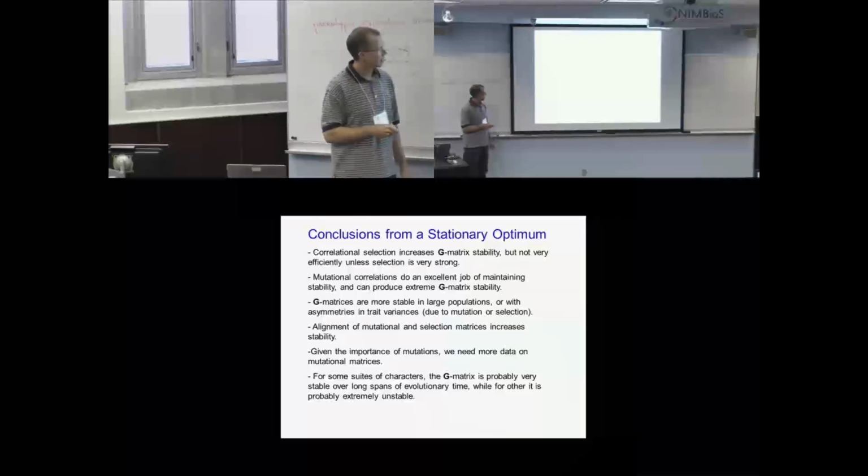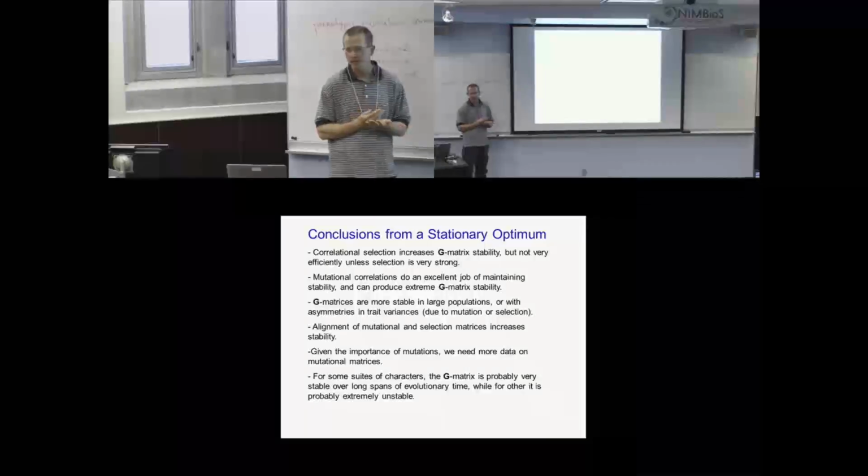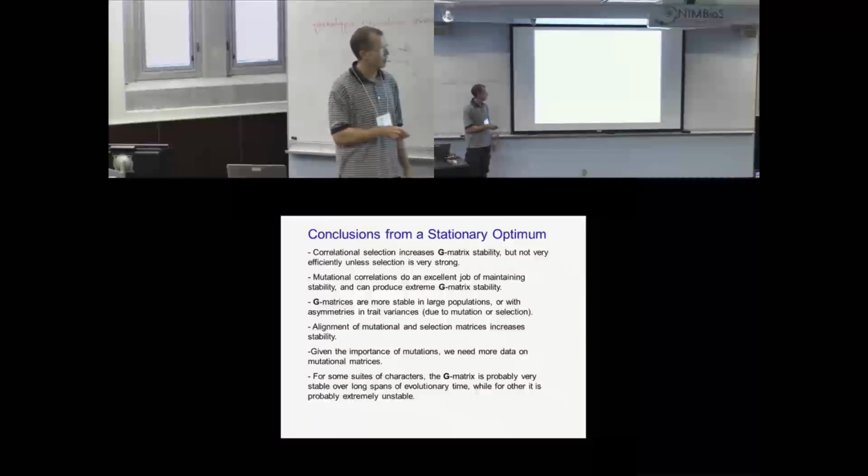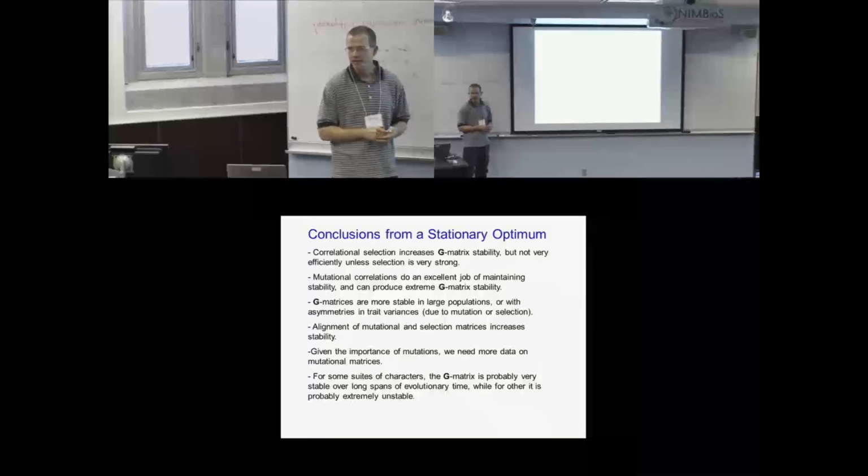The take-home message from this first part of the talk is that for some suites of characters, the G matrix is probably very stable. Those things that are highly integrated, or traits that work together, like upper mandible length and lower mandible length, or things that share developmental pathways, are probably going to have very stable G matrices. But traits that aren't integrated in those ways are probably going to be the ones that have the less stable G matrices.